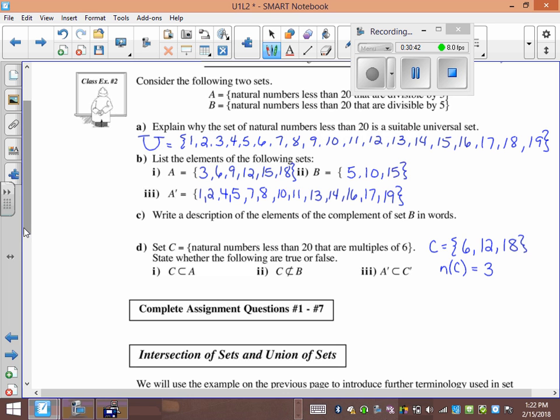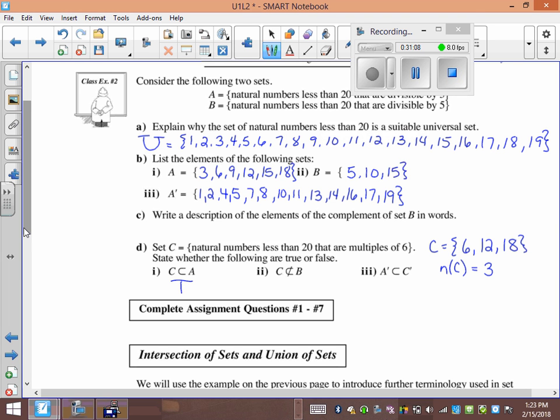Does A have 6? Yes. C has 12. Does A have 12? Yes. C has 18. Does A have 18? Yes. So is C a subset of A? Yes. This is true. Can A have extra elements? Absolutely. But at minimum, it has to have C in it. Okay?